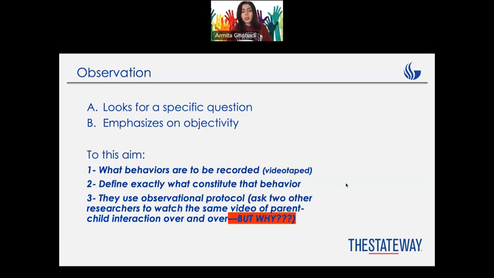You're going to ask other people involved in the study, like your colleagues or other research assistants, to observe the same behavior and make sure whatever you are recording is correct. The question here is why we should ask two or more people to watch the same video over and over.